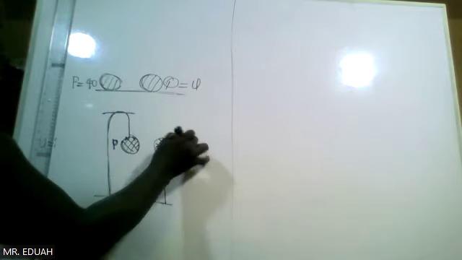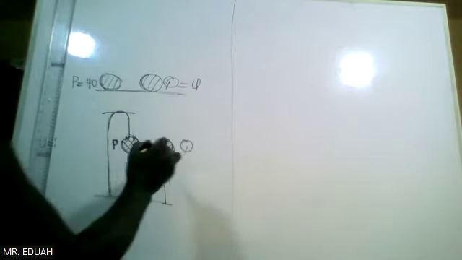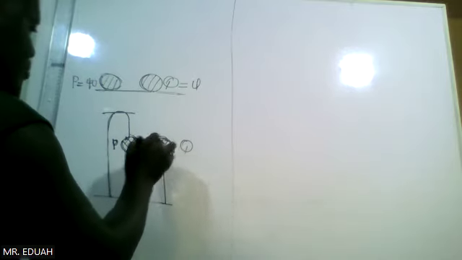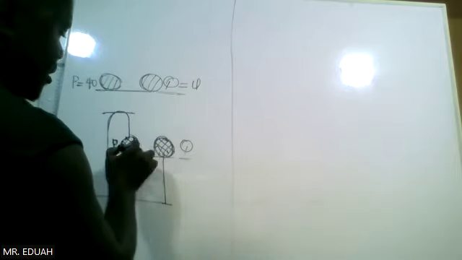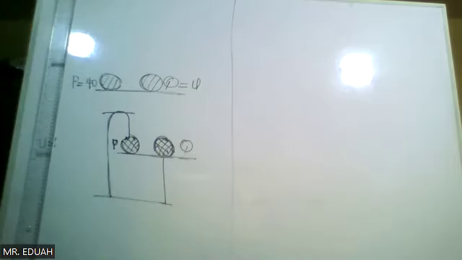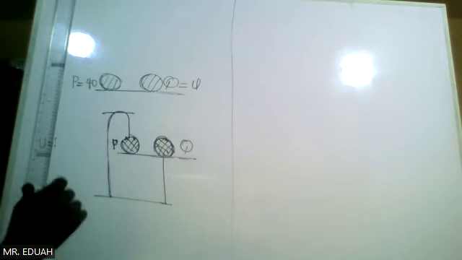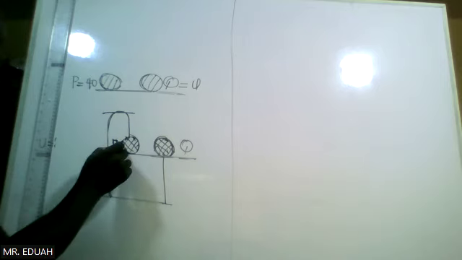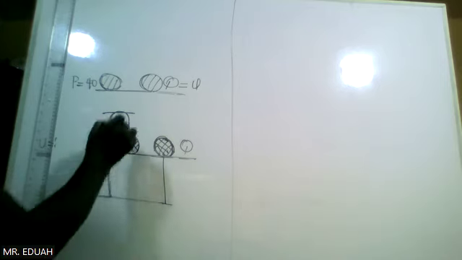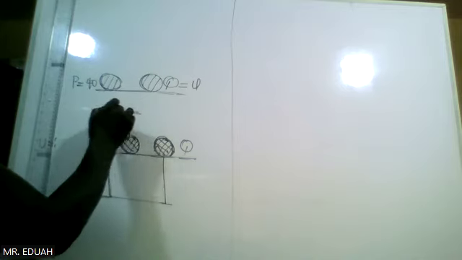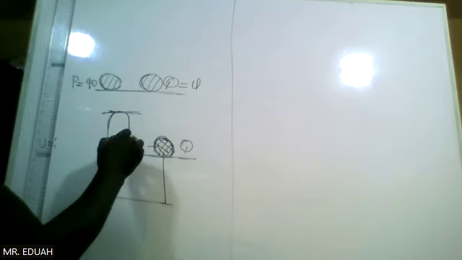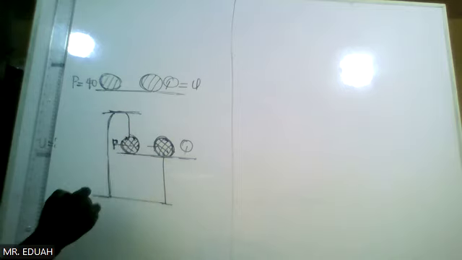So this is Q. They are meeting at this point. Now, if you are calculating the total time for P, it must be the time taken to reach the maximum height plus the time taken to descend to this point. Are we okay?